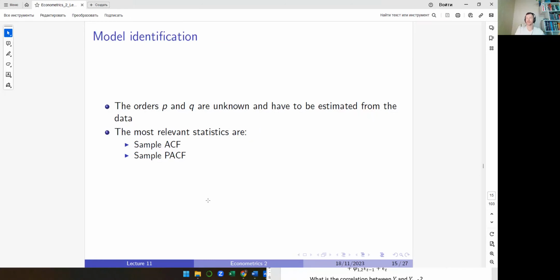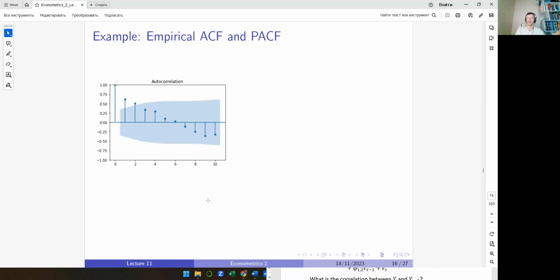So sample ACF is going to be derived with the help of data. Sample PACF is also going to be derived from the data. And we need to take the last statistically significant lag for both. Statistically significant means that it significantly differs from zero. This wording must be familiar to you. We've been doing statistical significance a lot of times.